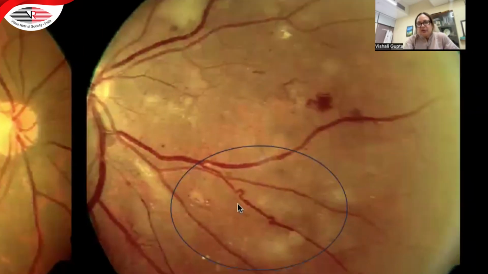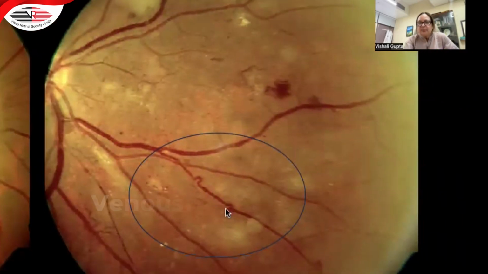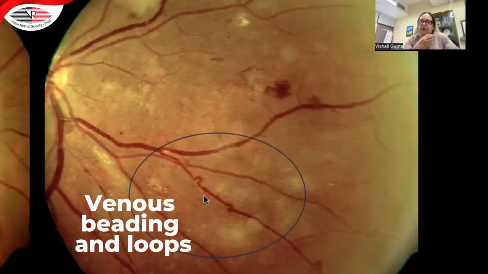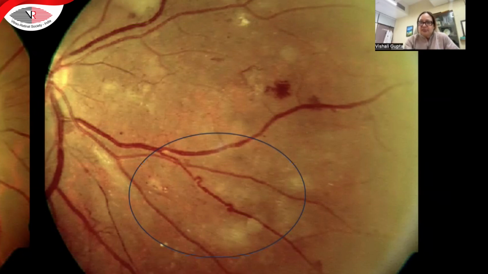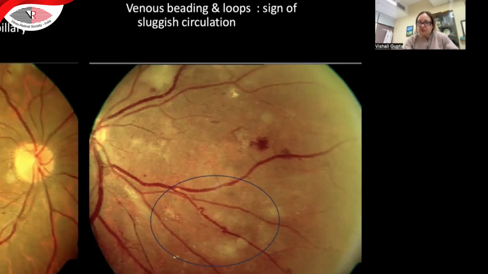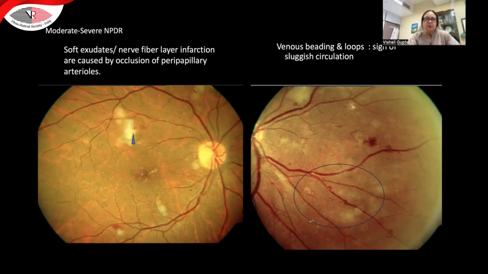Whereas on the right, you see these venous beading and loops. Now, these loops and venous beading indicate the circulation is sluggish and there is going to be more ischemia in the nearby retina. And this is what we call moderate to severe non-proliferative diabetic retinopathy.